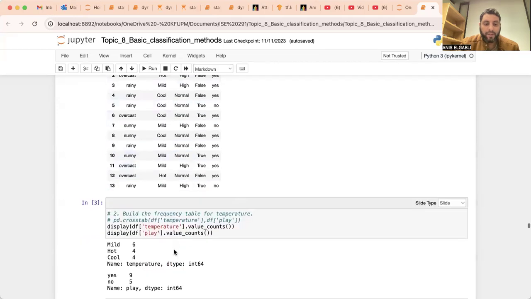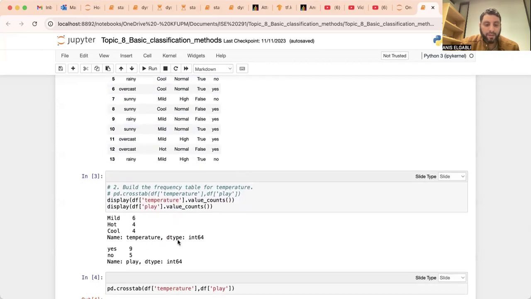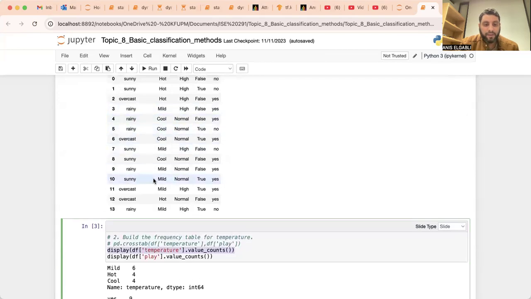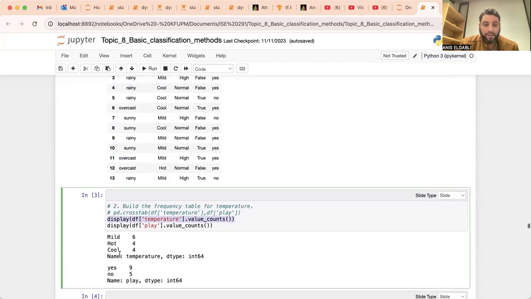If we want to look at the probabilities, we can simply call the function value counts. The return of this function is a data series where the labels are the different categories, and the values are the occurrences of each one of them. Mild has occurred 6 times, hot 4 times, and cool 4 times.